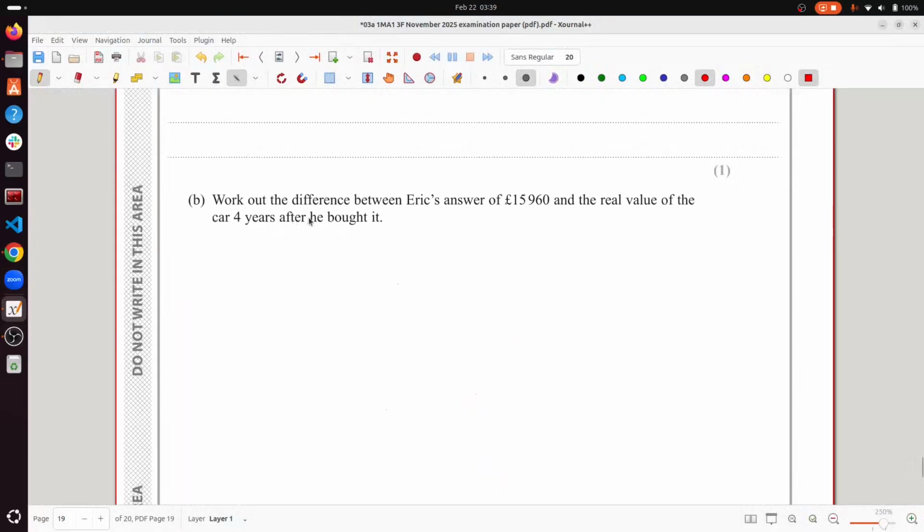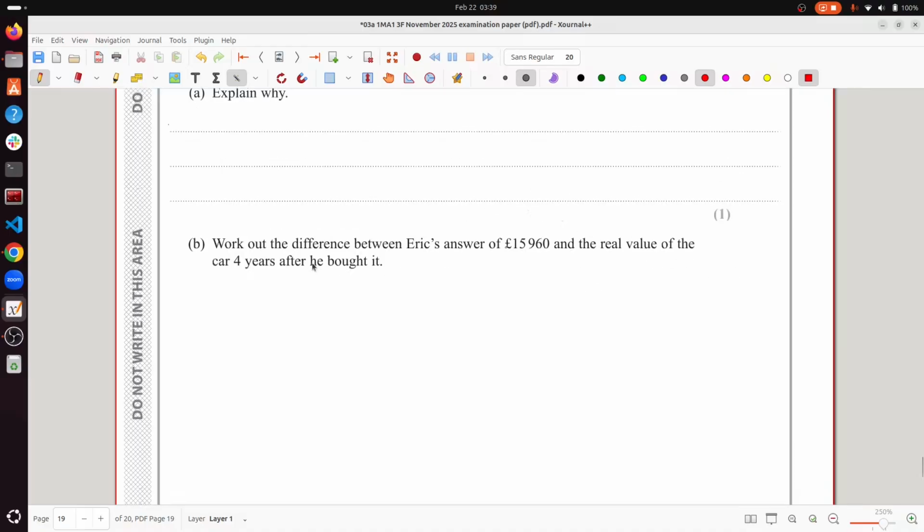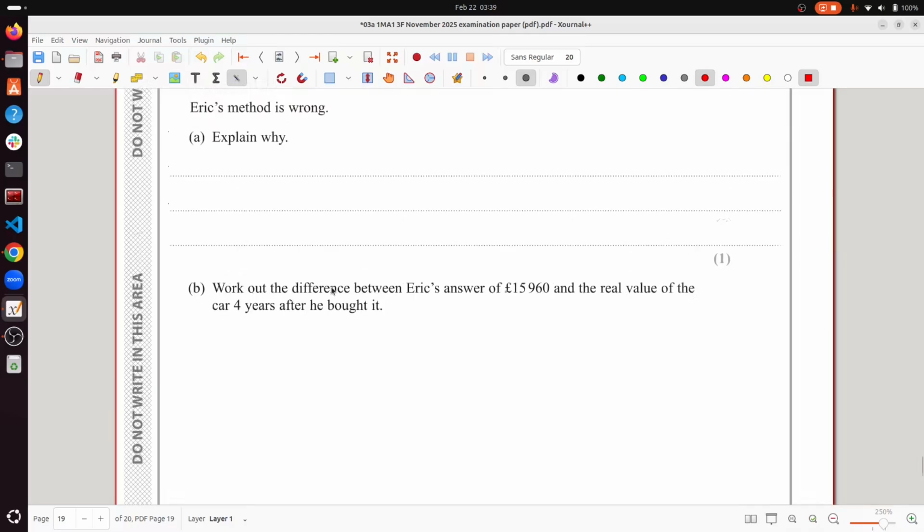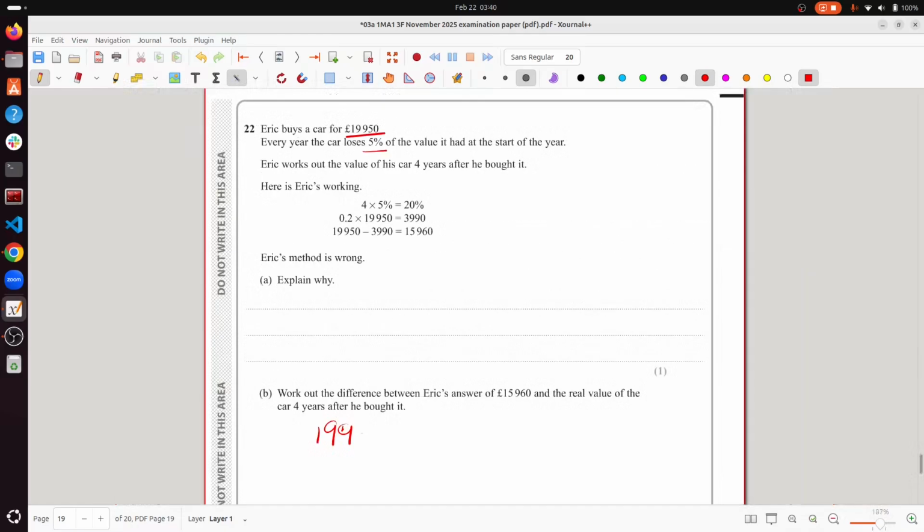Work out the difference between Eric's answer and the real value of the car 4 years after he bought it. 19,950 times the depreciation, so that would be 0.95 to the power of 4.